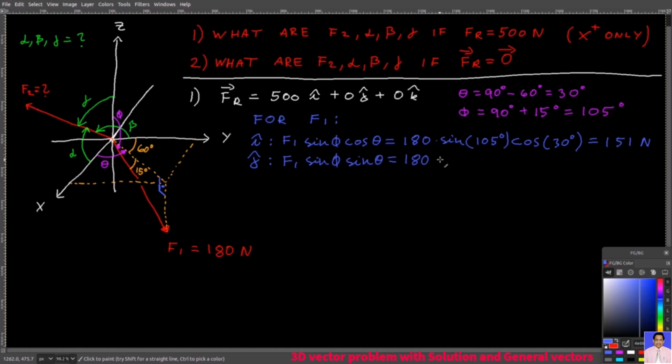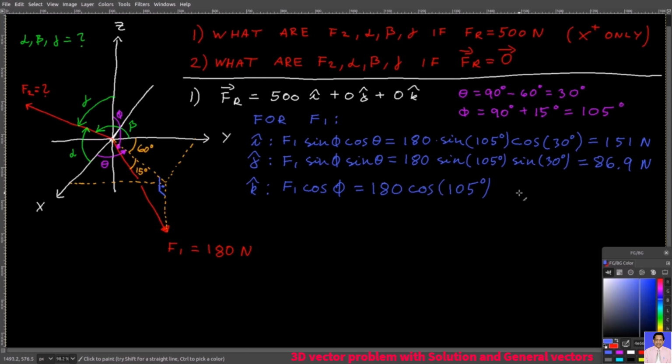So it's 180 times all this, which gives you 86.9 newtons. And then finally, the k component, that's F1 times cosine phi. It's 180 times cosine 105 degrees, minus 46.6 newtons.